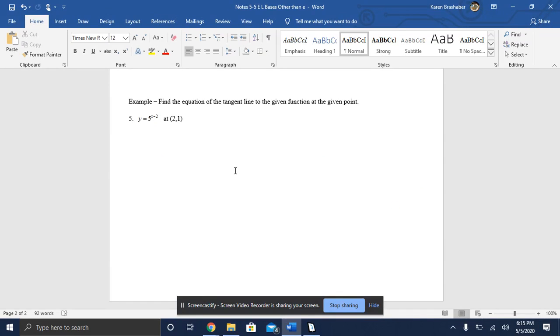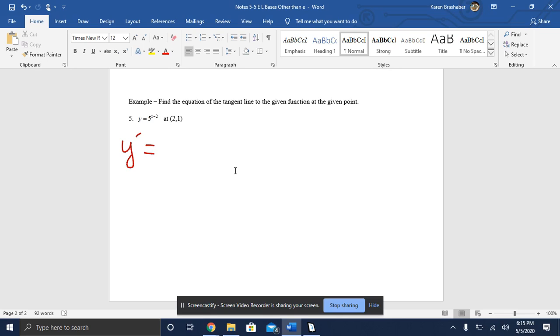All right, I have one last example that I'd like to show you, somewhat of an application of this type of derivative. So if we have the problem y equals 5 to the x minus 2 power, we could find the equation of the tangent line to that function at the point 2, 1. And so to do that, we would first of all need to find the slope, and we find the slope by finding the derivative.